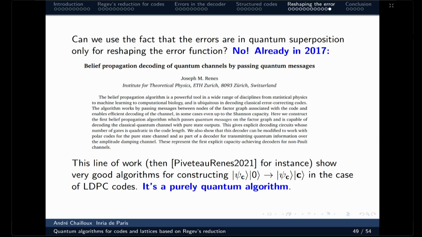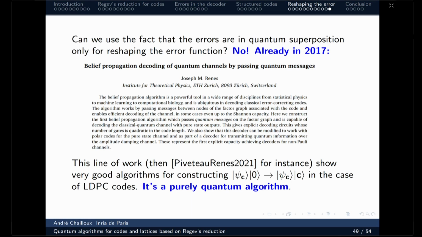And so there's a line of work that does this for a very specific case. It's for the belief propagation algorithm for LDPC codes, right? It started in 2017, so they did it before anyone thought about this family of quantum algorithms. And if you look at what they do, and the more recent work by André in 21, what they do for LDPC codes is construct a real quantum algorithm that does the equivalent of belief propagation, but where the errors are in quantum superposition.